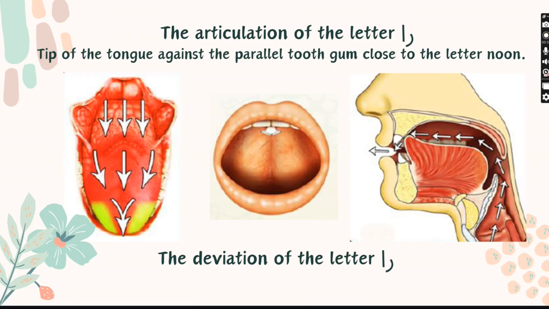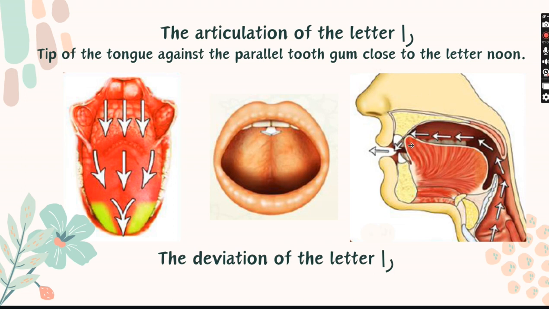We talked about it in part 1, but let us see the diagrams to imagine how the Ra is actually pronounced and what is affecting the pronunciation of the letter Ra. Now, the Ra is pronounced by using the tip of the tongue against the parallel tooth gum close to the letter Noon.